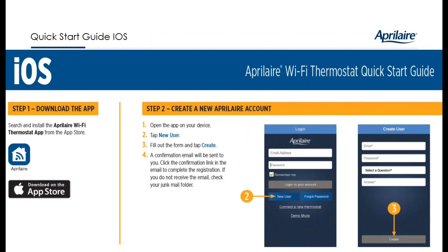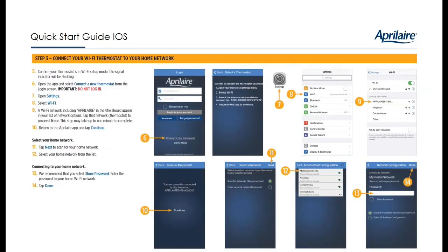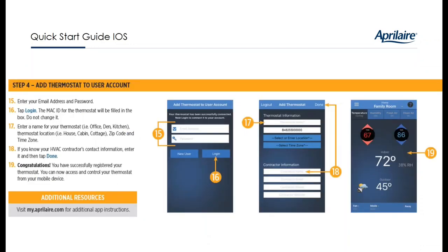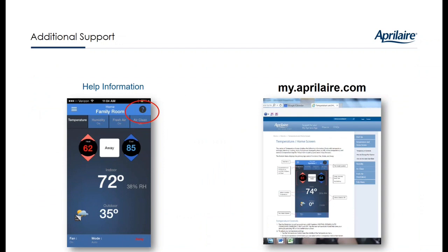I'm not going to go through the whole iOS quick start guide because it's fundamentally the same. Any differences are simply nuances inherent to the Apple operating system. And there's a shot of the my.aprilaire.com website on the right.